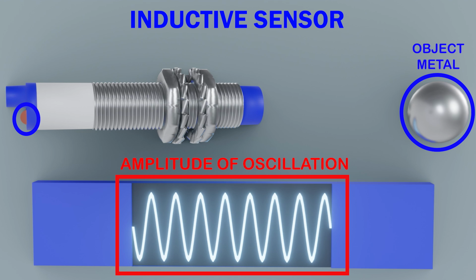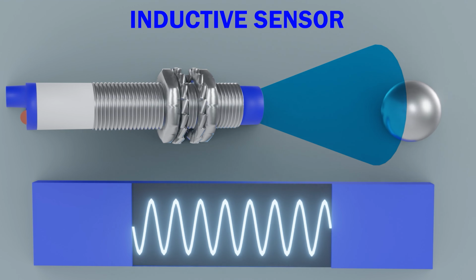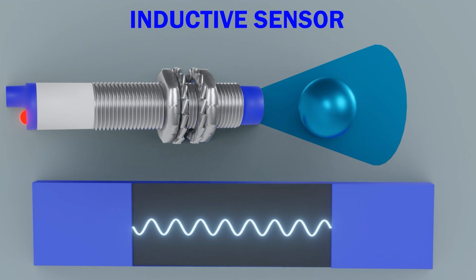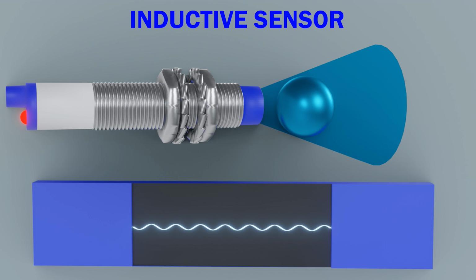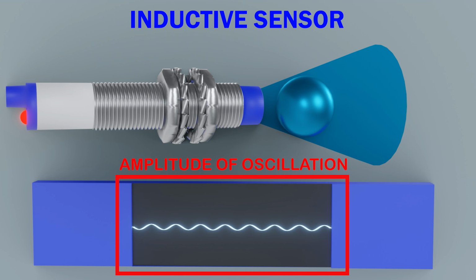Also, the indicator is off. When a metal object approaches the sensor, the inductance of the coil changes, increasing the load on the oscillator. This reduces the oscillation amplitude, meaning the signal weakens as the object gets closer. The decrease in amplitude is proportional to the proximity of the object and its size. The indicator lights up.